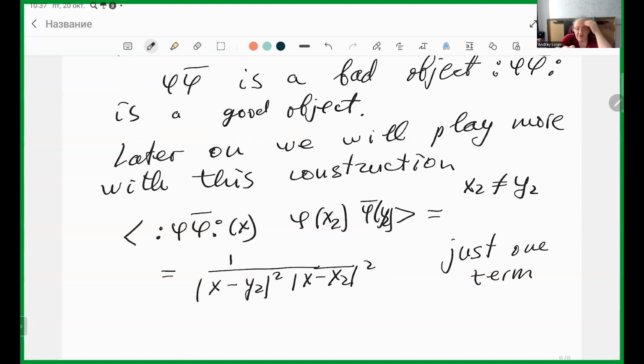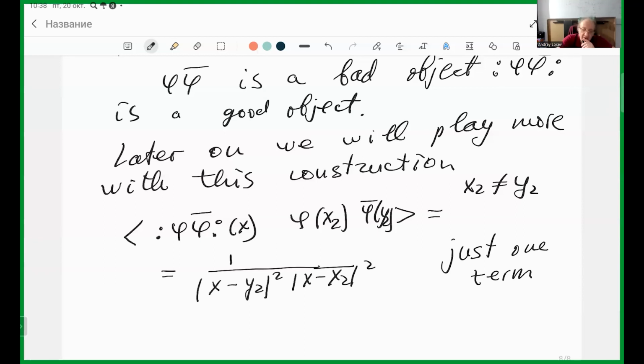So the coefficient in front of this singularity is 0. So we can just put x2 equal to y2 and everything should be fine?